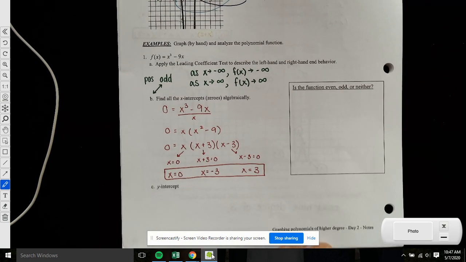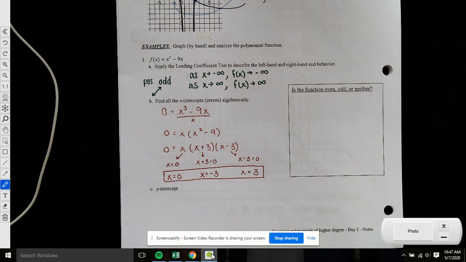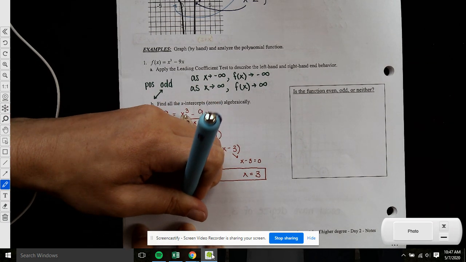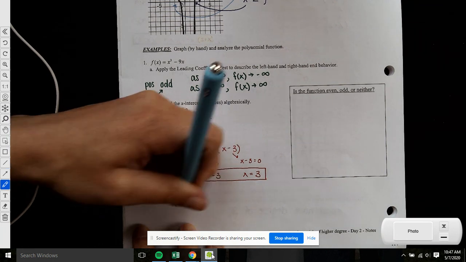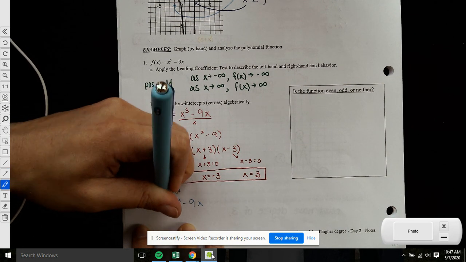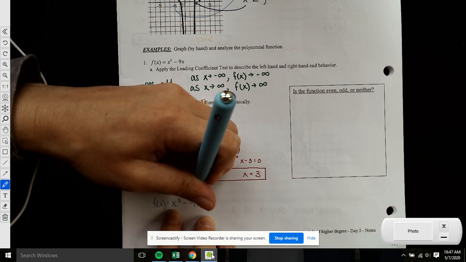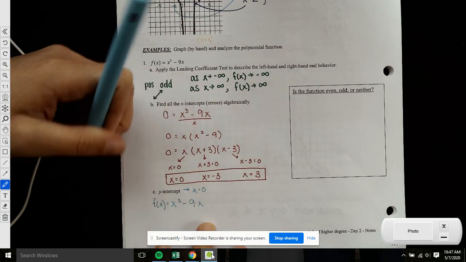The y-intercept occurs when you plug in x equals 0. So if I take that original function, x cubed minus 9x, and I plug in 0 for x, I can find my y-intercept.